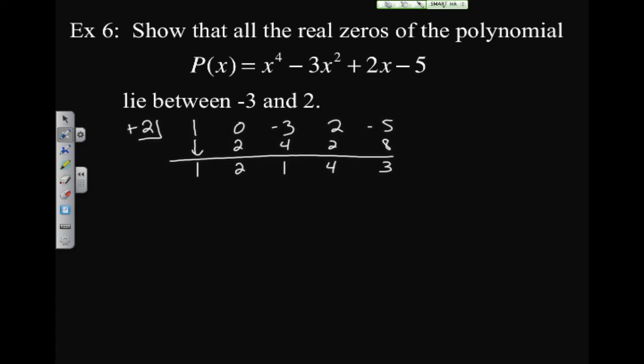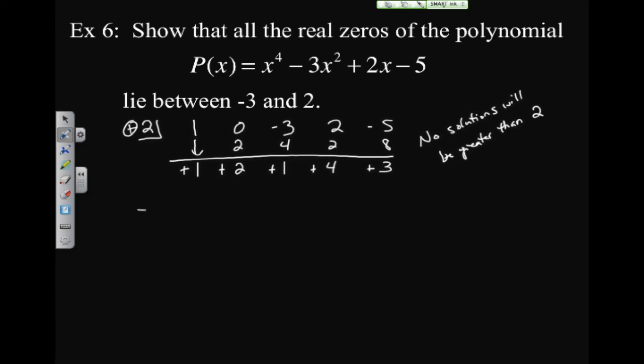Notice we divided by a positive, and every one of these entries is positive. That means no solutions will be greater than 2. So it is an upper bound.